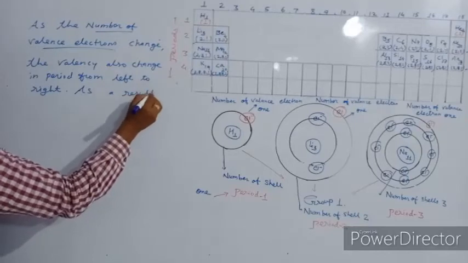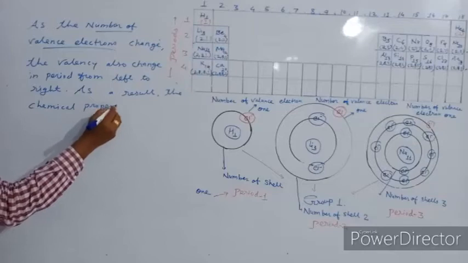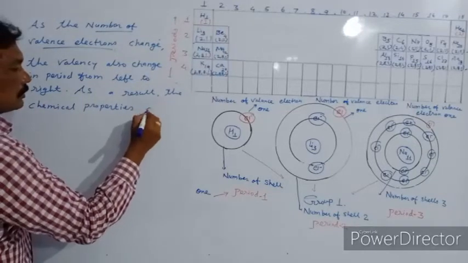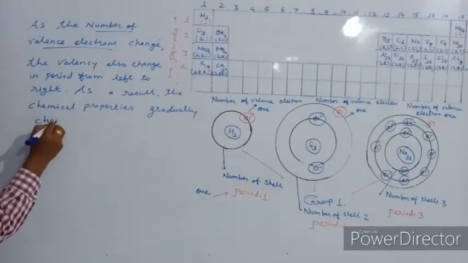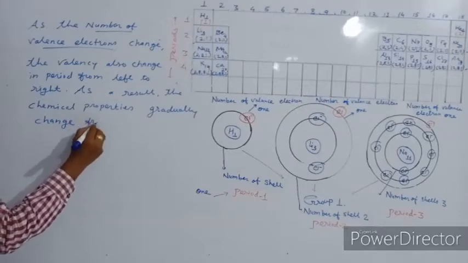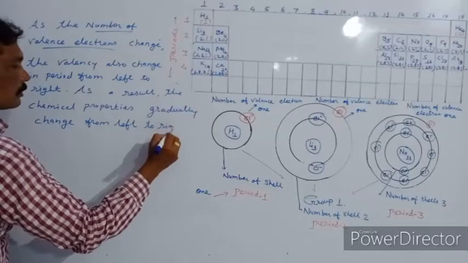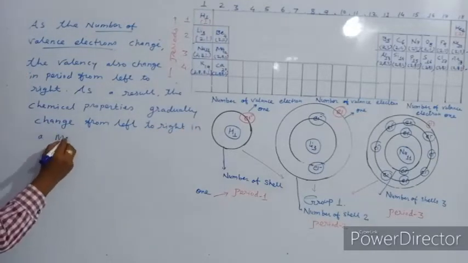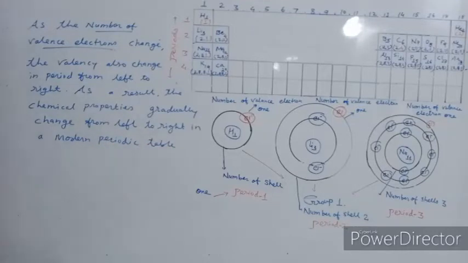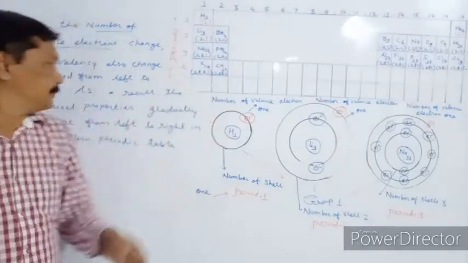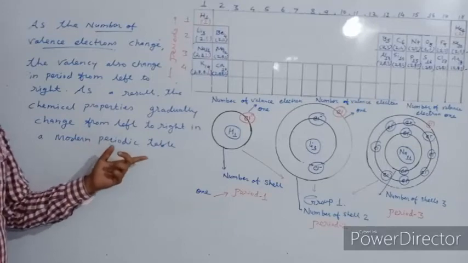As a result, we can come to the conclusion that the chemical properties gradually change from left to right in the modern periodic table.